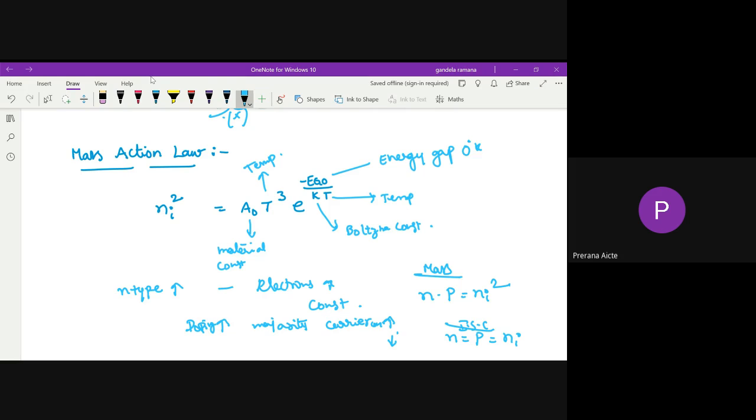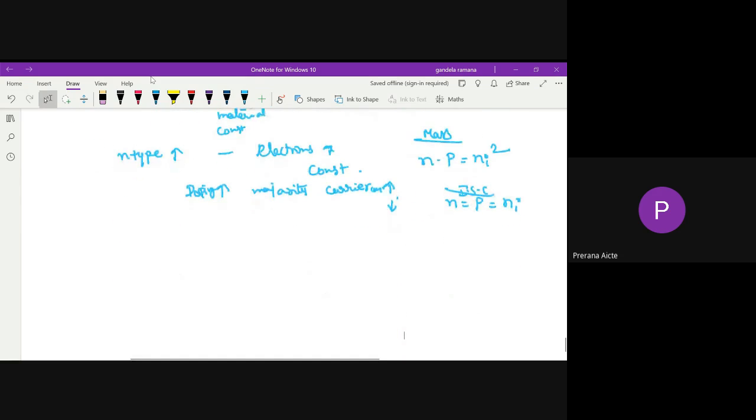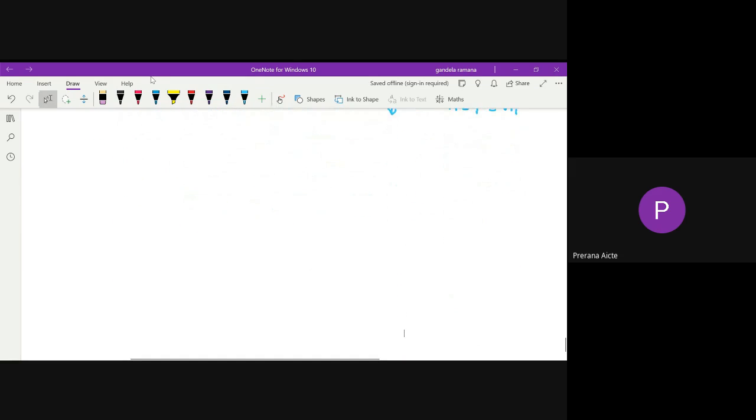Now, drift current and diffusion current.